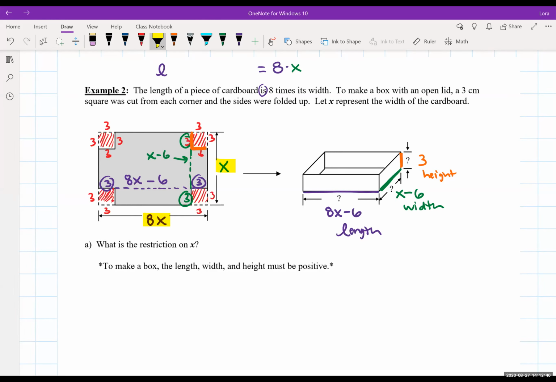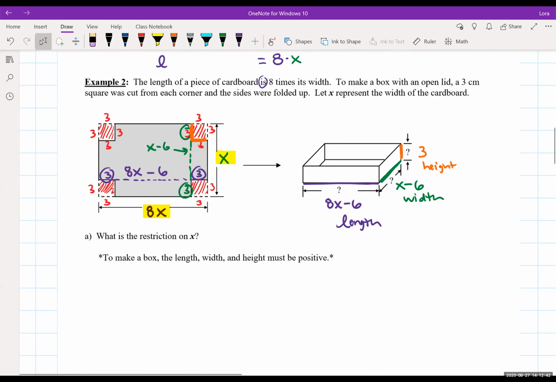So this is what we have to figure out before we proceed with calculating anything else. When we're asked what the restriction on X is, we keep in mind everything we know about real life dimensions. All these dimensions always have to be positive in order for us to have an object to begin with.